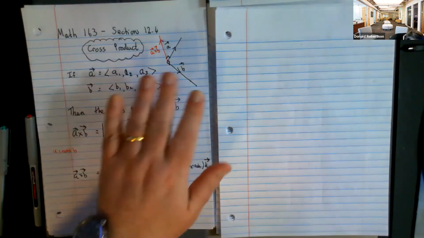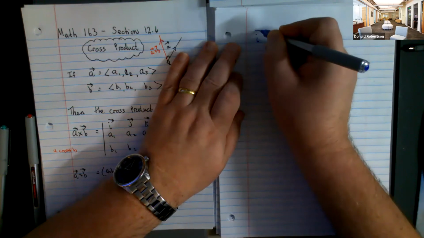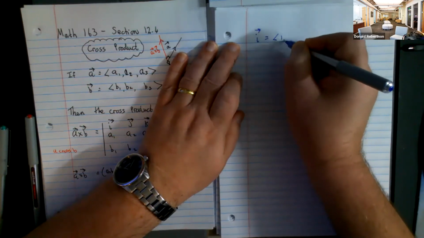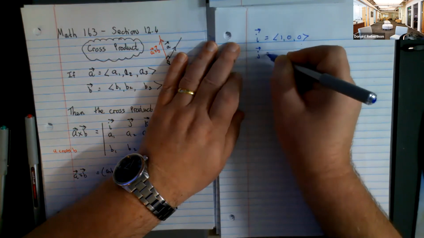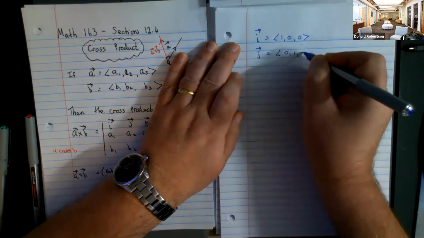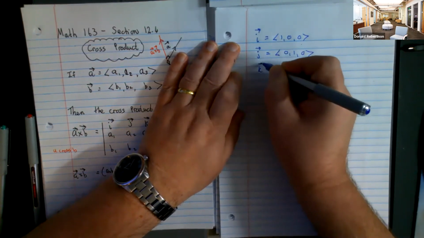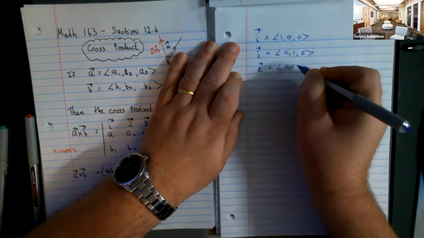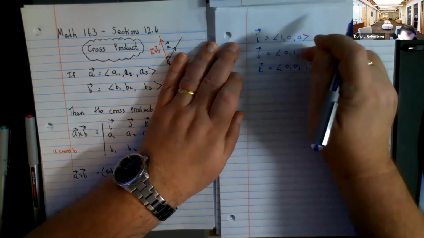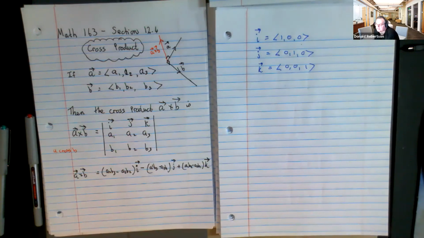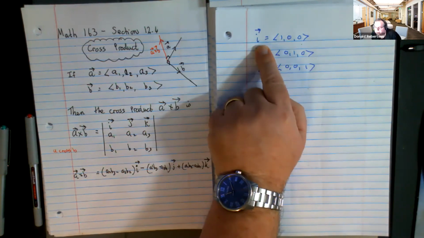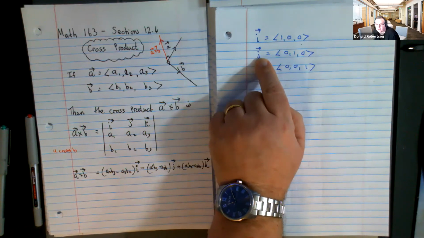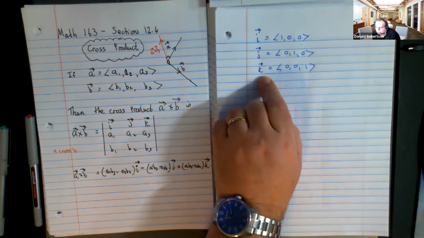Now, again, before I go anywhere near there are 3 special vectors. Let's remind you who these 3 guys are. I haven't used them much because I like this component form, right? But you remember I, J, and K. Isn't I 1 in the X direction, J 1 in the Y direction, and K 1 in the Z direction, right?